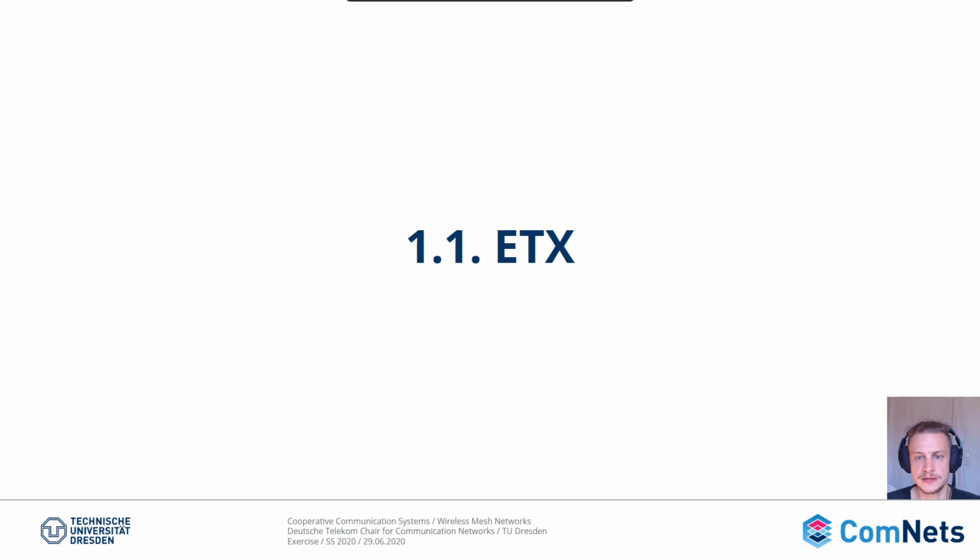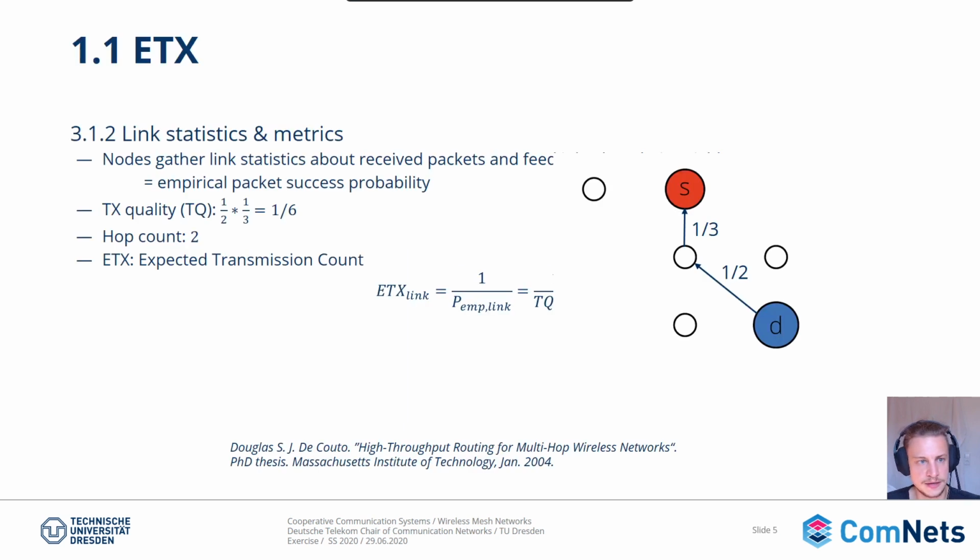So the first part is on the expected transmission count, ETX, a single path metric. I talked about this in the lectures before where I talked about link statistics and metrics. It was this longer video split into a multitude of videos.